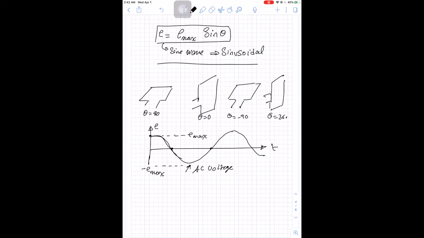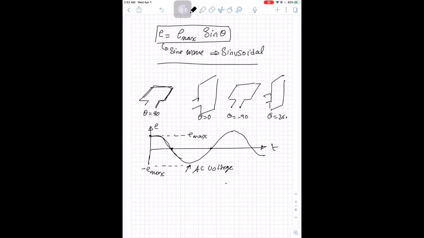However, what if this coil didn't start at position 0 or position 90? So you turned off the generator and the coil stopped at any angle.